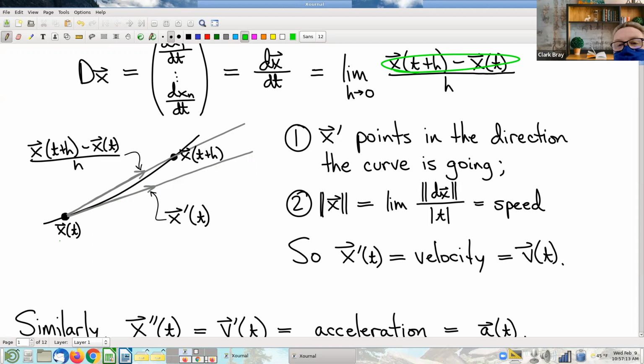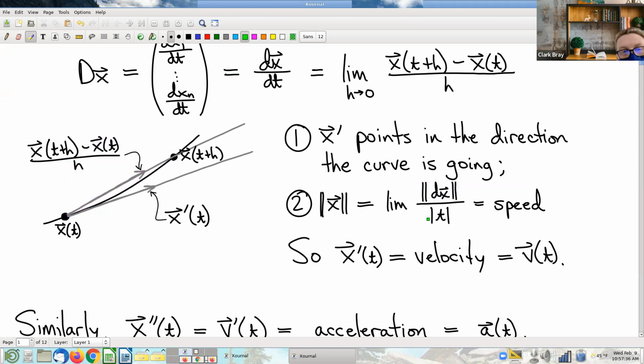Because, well, after all, we're talking about distance per unit time. Distance per unit time is speed.